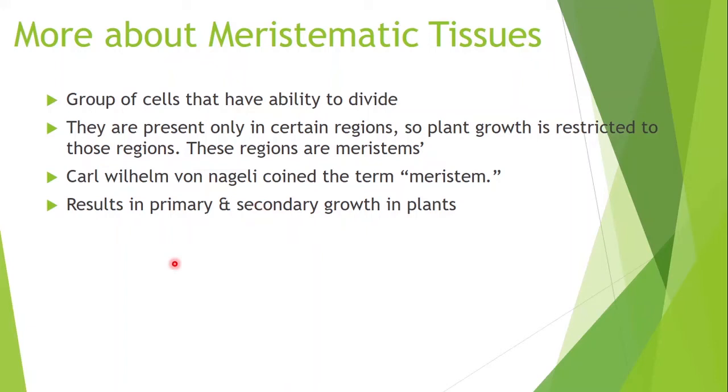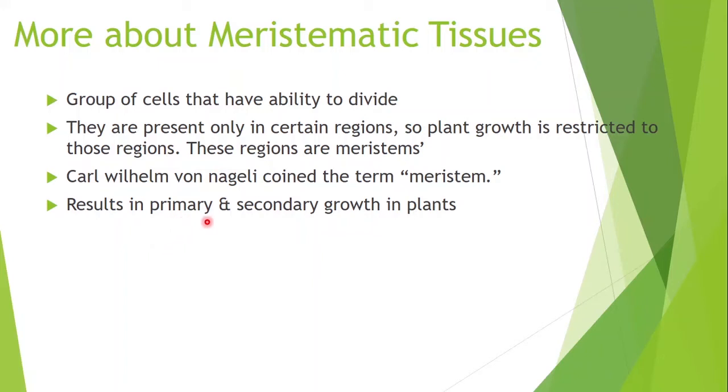At that time the meristematic tissue cells divide, and we can see that the plant has increased in height, and also the root has gone deeper inside. So the increase in root and shoot is known as primary growth.